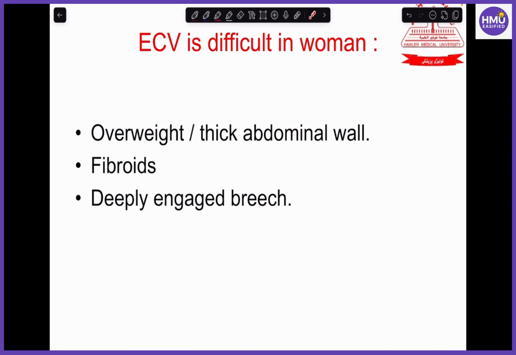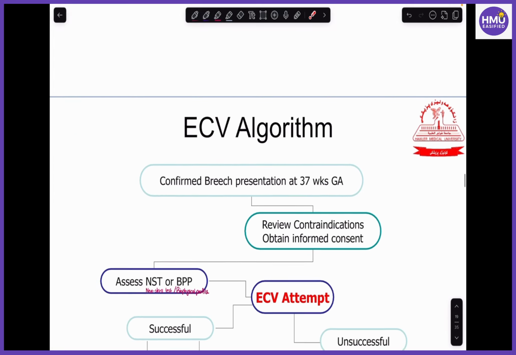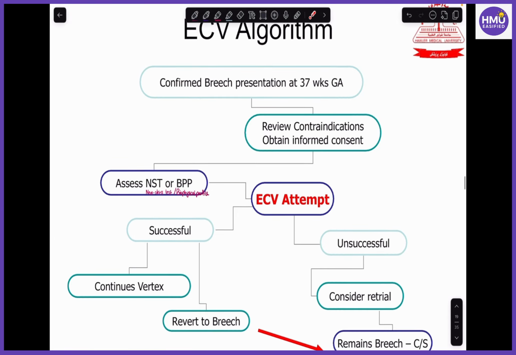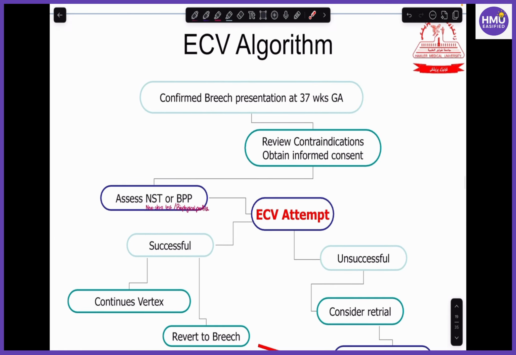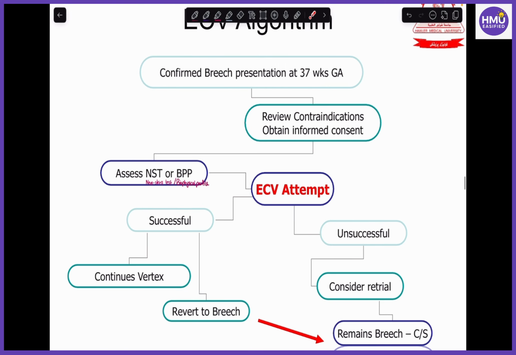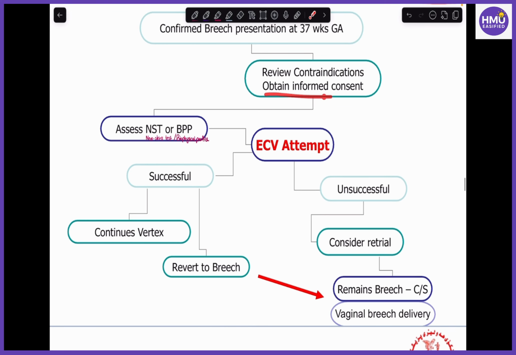ECV is difficult in women who are overweight or have a thick abdominal wall, fibroids, and a deeply engaged breech.